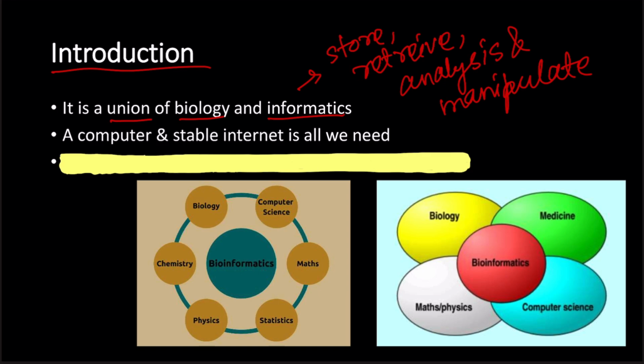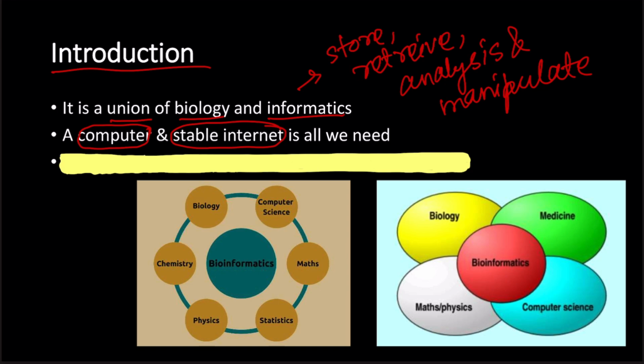With this data, we can get several pieces of information about particular molecules, and we can also analyze the data. For this, the only thing we need is a computer and a stable internet connection, because most of the bioinformatics software is online and also free to use.